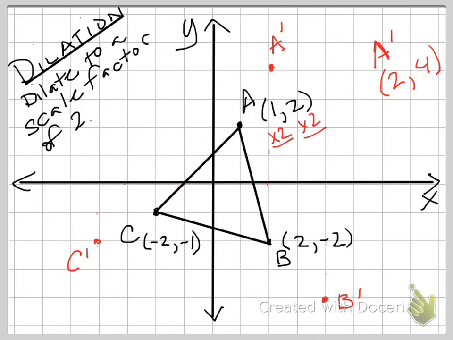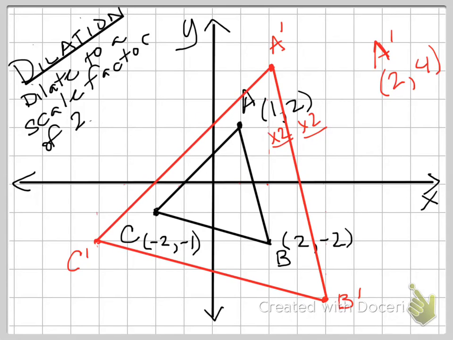If we connect A prime, B prime, and C prime, A prime connected to B prime, B prime connected to C prime, and then C prime connected to A prime, that will give us a dilation of a scale factor of 2. Don't forget that the coordinates are just being multiplied by a factor of 2.